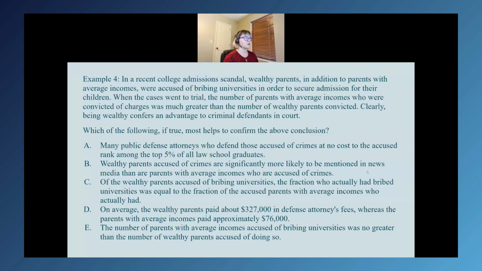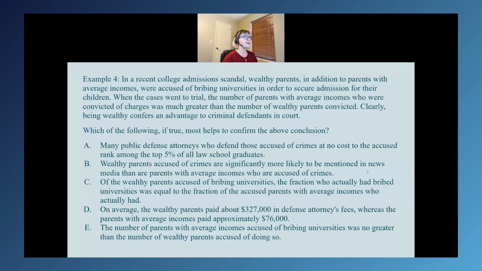So, the problem with this is that we are talking about numbers. If there were 10 wealthy parents accused and four of them actually bribed the universities, that would be 4 out of 10. And if there were 100 average income parents accused and 40% or 40 of them actually bribed the universities, that would also be 4 out of 10.